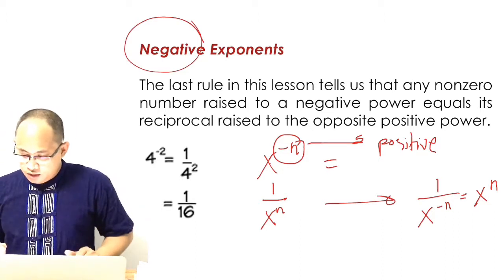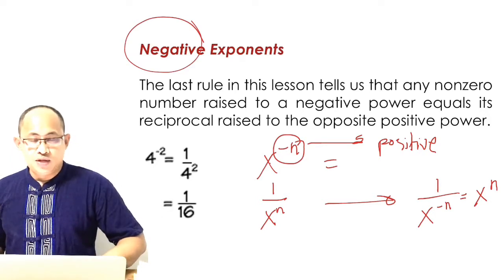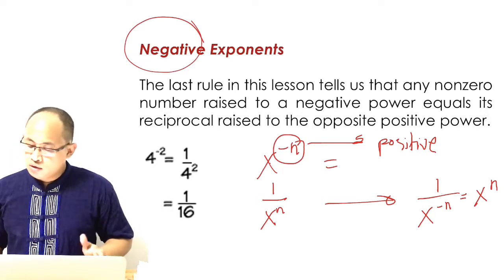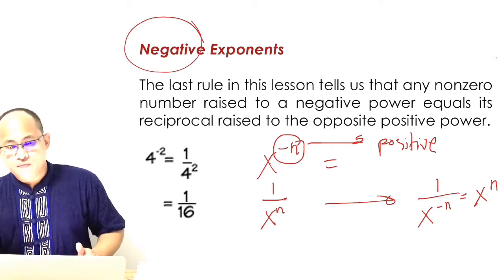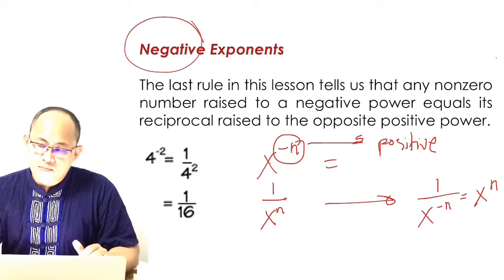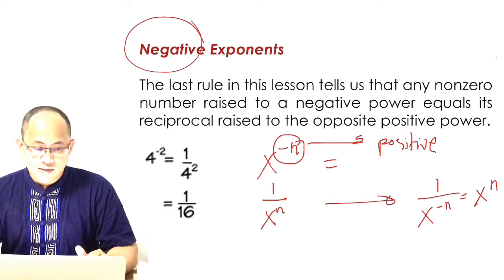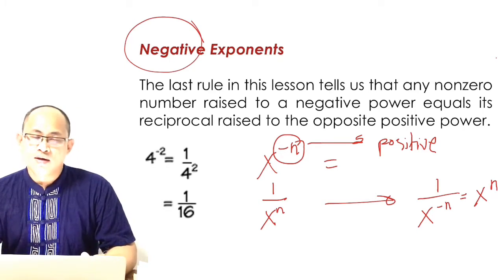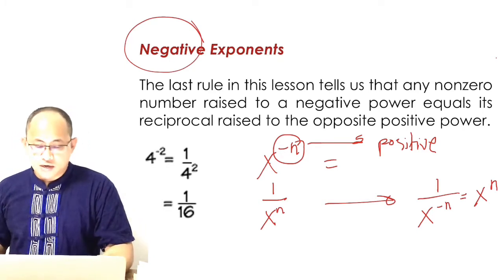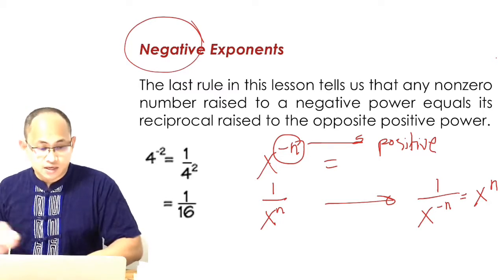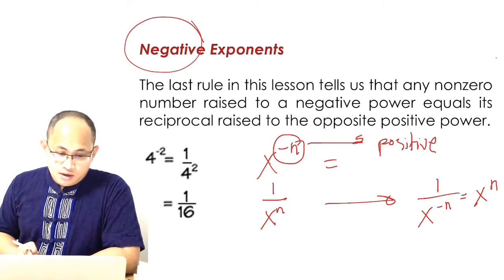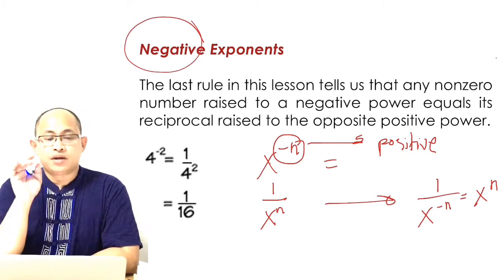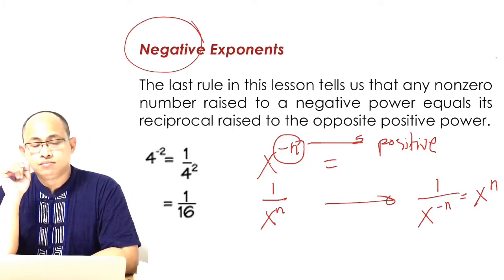So that's the last exponential rule that you have to remember. Alright? First is the rule of 1. Second is the product rule. Next is the power rule.